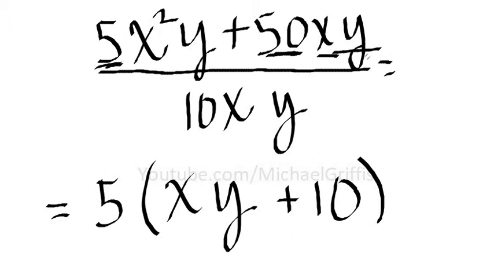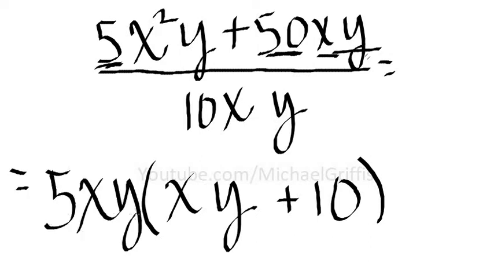I pulled it out, but I didn't write it down. Okay, 5, and we factored out an x and a y.